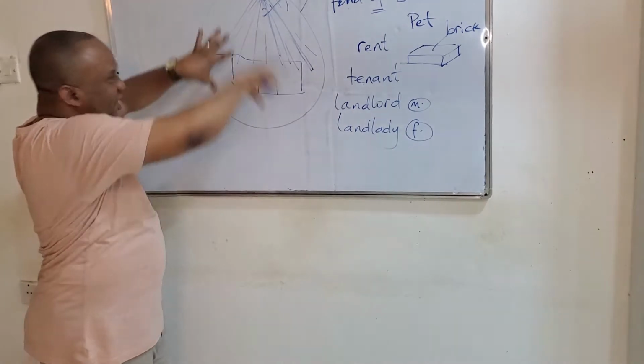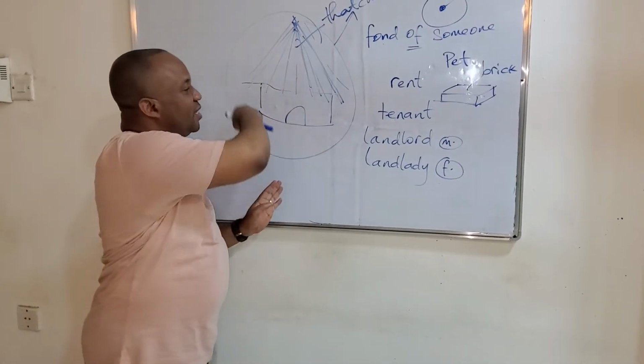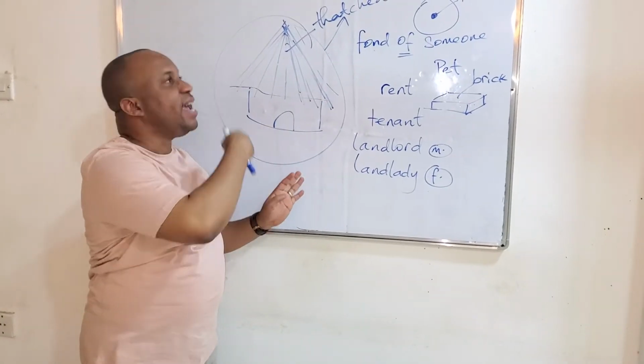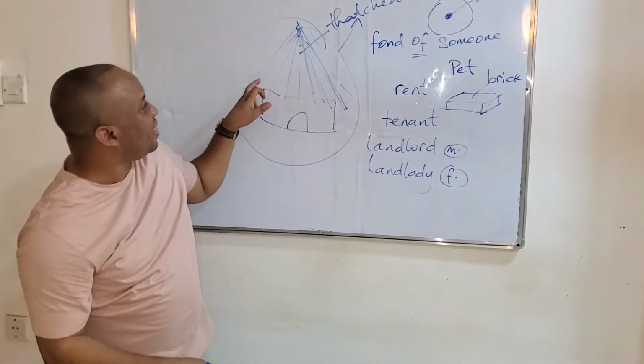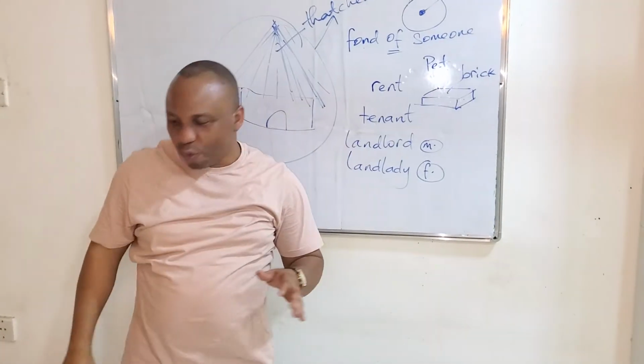Then you use the thatch for the roof. So the house is called a thatched house because of the thatch used to make the roof.